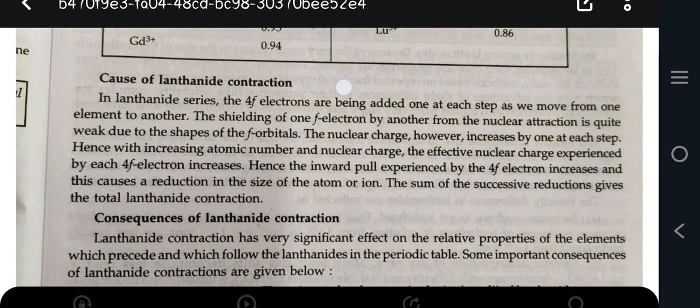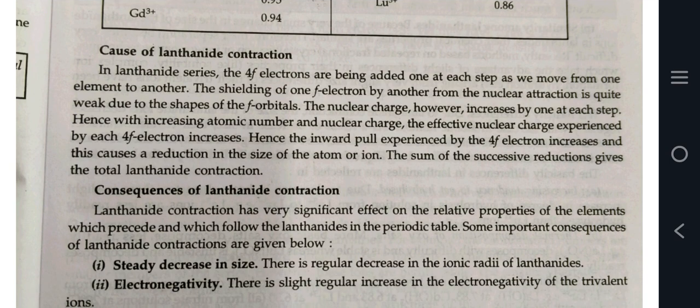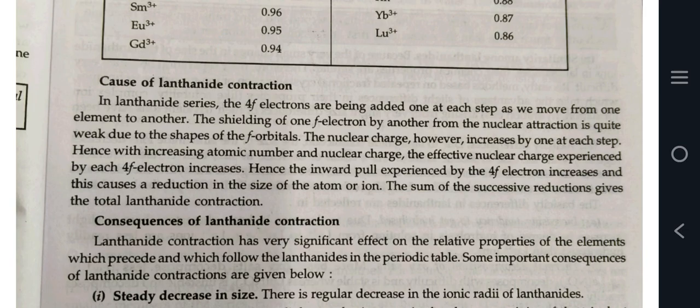Cause of lanthanide contraction. In the lanthanide series, 4f electrons are being added one at each step. As we move from one element to another, the shielding of one f electron by another from the nuclear attraction is quite weak due to the shape of the 4f orbital.